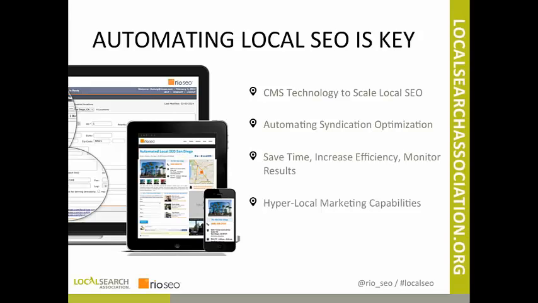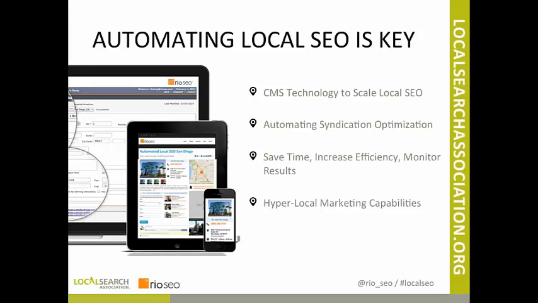So we really stress, when you get into the hundreds or thousands of locations and you choose to enact the entire blueprint of local search optimization, you must have automation or employees. Managing this process with employees can take 2, 3, 4, even 5 full-time employees focusing on this, or you can use software to do the job for you.